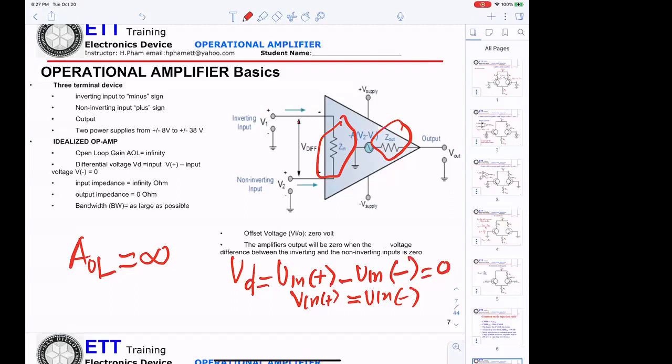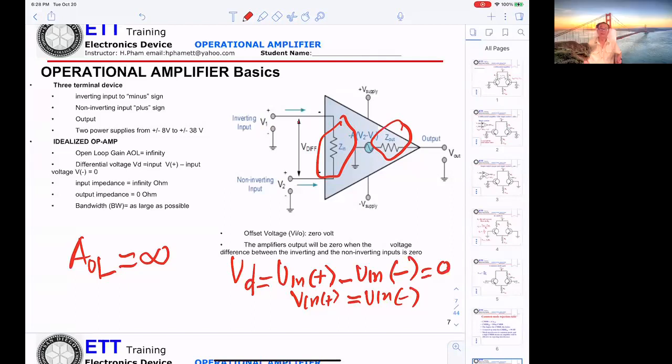Okay. And Mr. Pham, on the bottom there, where it says offset voltage and that last little couple sentences, what does that all mean? Okay, that means when you don't apply anything to the input of the op amp, you grounded input 1, you grounded input 2, the output still gets some millivolts.